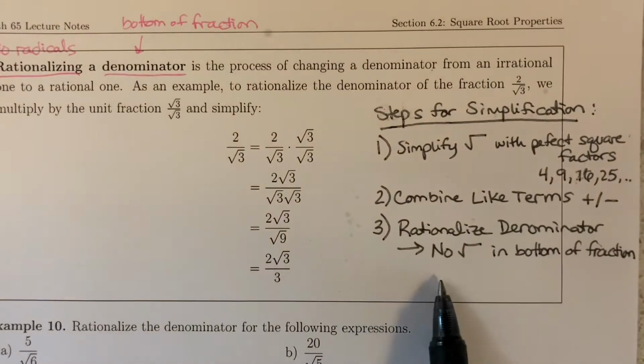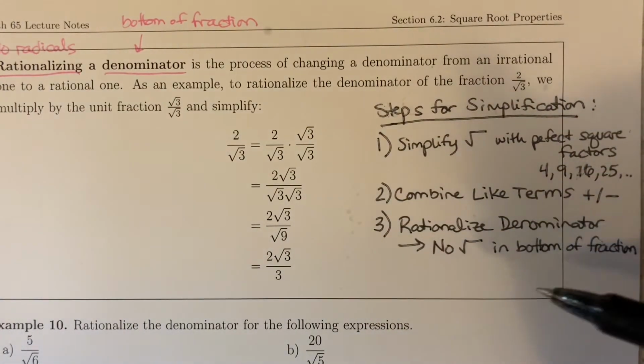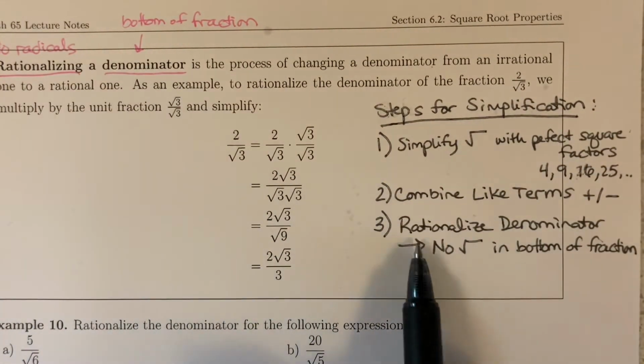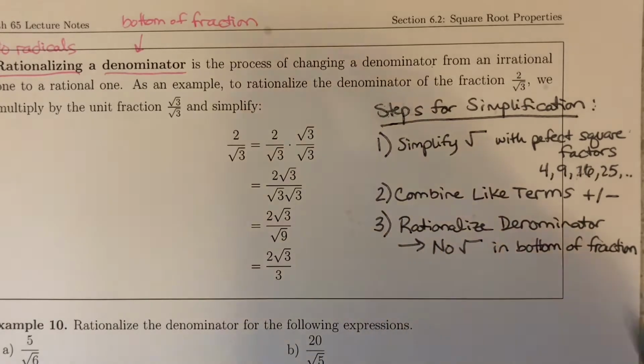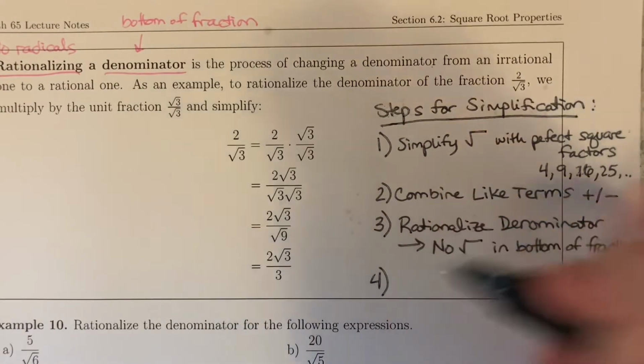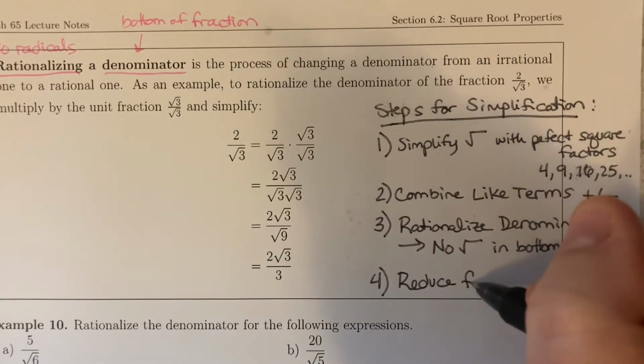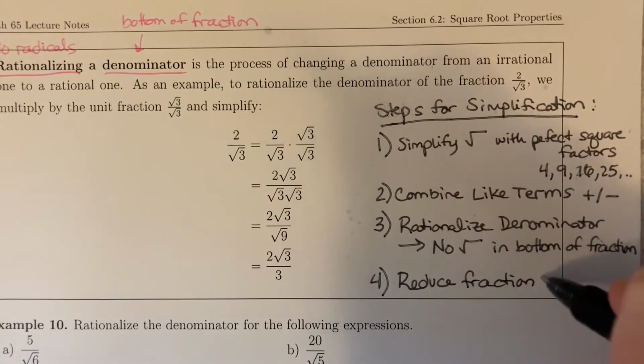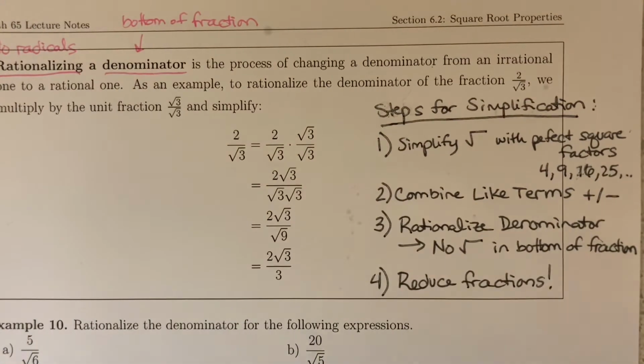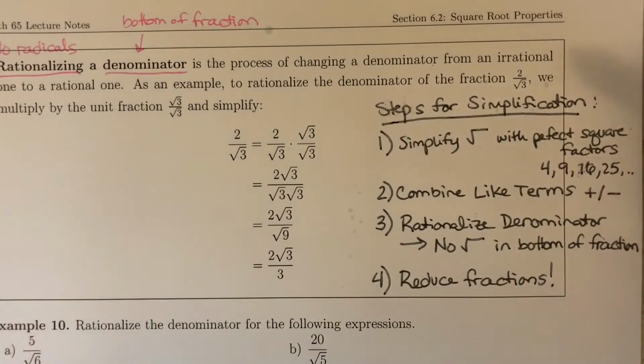Now, of course, if your problem doesn't have fractions in it, you don't need to do that step. But we're going to see that when you do have a fraction, that's next. And finally, again, for fraction problems, at the end, make sure your fractions are reduced. So those are the steps we're going to use here. And really, these steps will take you through all of Chapter 6 and really most of Math 65 anyways.